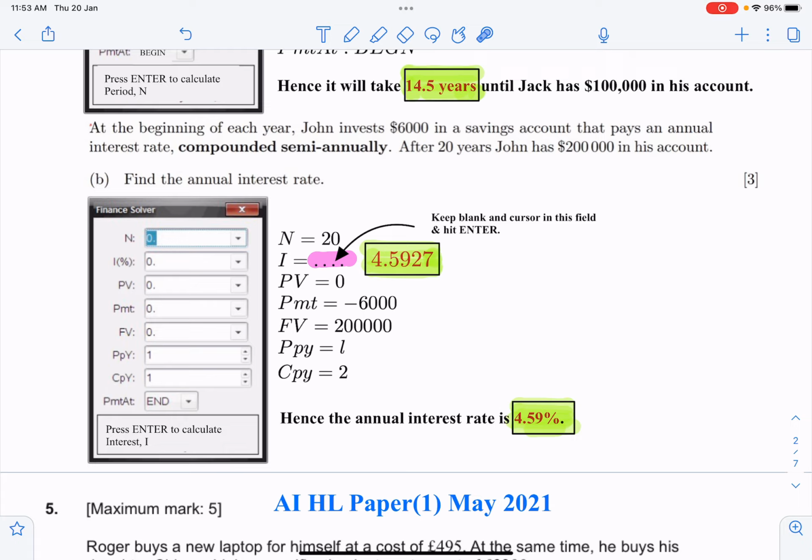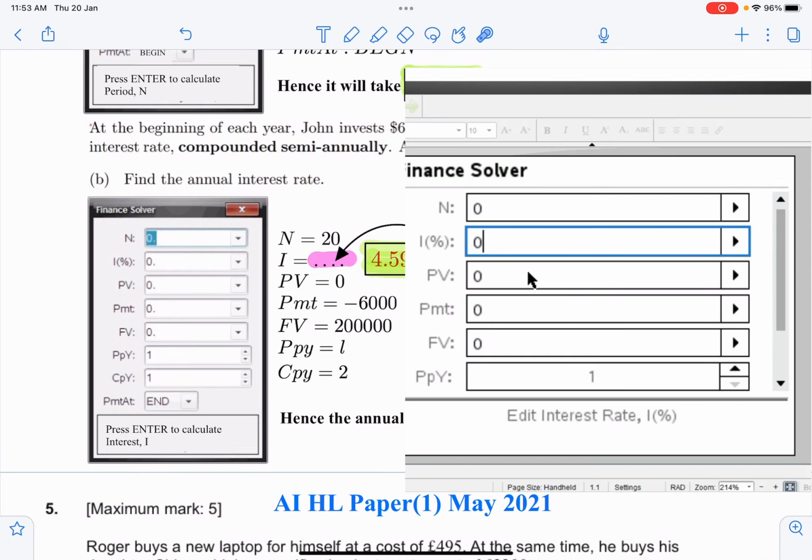So look at the calculation I have done in my calculator. N 20, I blank, PV 0 as I said. Then PMT should be minus 6,000.